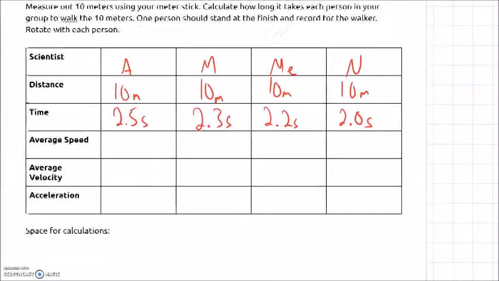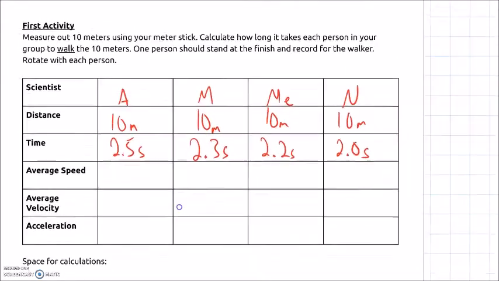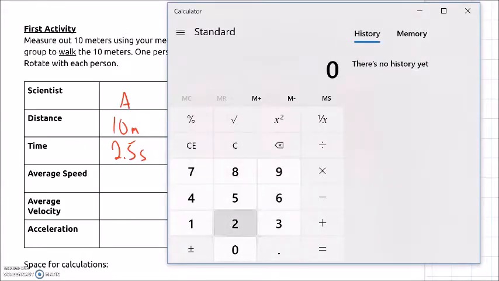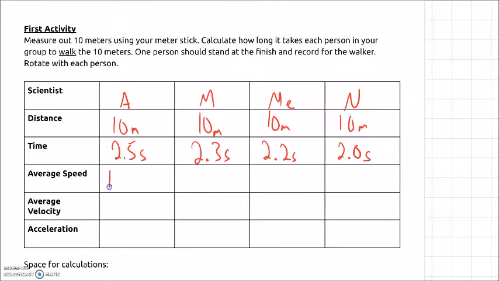So all we have to do is divide 10 meters in this case by 2.5. So let's pull up our calculator. You'll be allowed to use a calculator. Distance, 10 meters divided by 2.5 seconds, and we get an average speed of 1.6 meters per second.